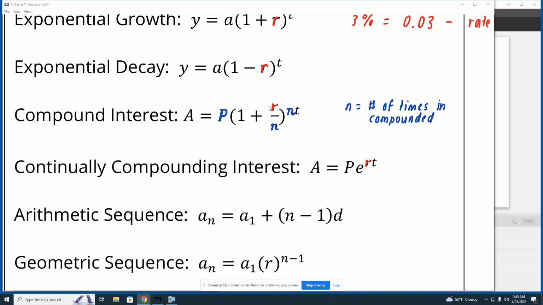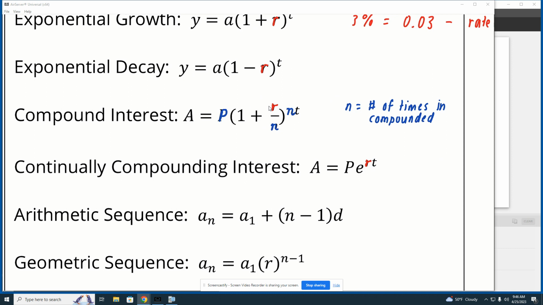You see, what it's going to say to you guys is something like this. It's compounded quarterly. Or it's compounded monthly. It'll say something like that. So it's going to literally say compounded.